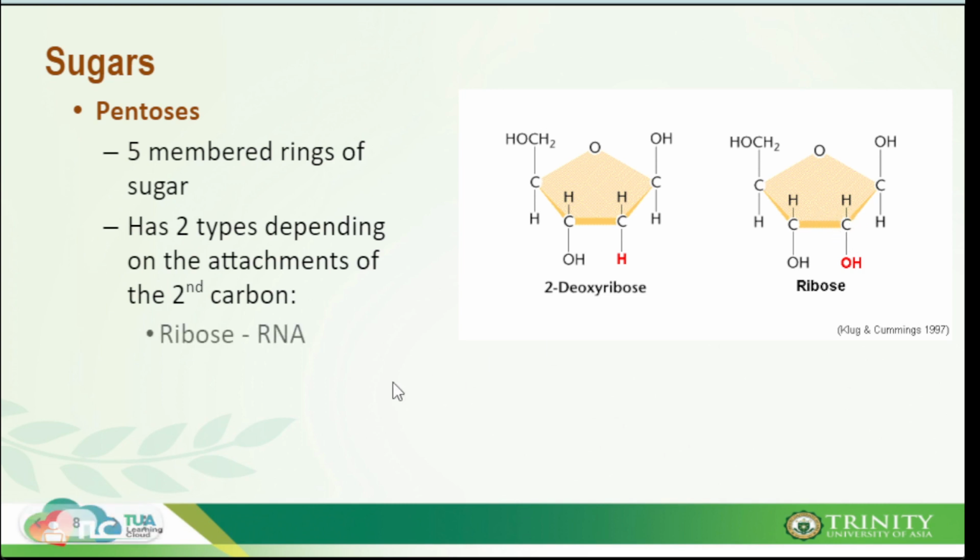Now, the sugar for RNA is ribose, and the attachment on the second carbon is a hydroxyl group, while the sugar in DNA is a 2-deoxyribose, which means that the attachment does not have oxygen, thus the name deoxyribose. Okay, so it only has hydrogen attached to it. So that is one of the differences between DNA and RNA.